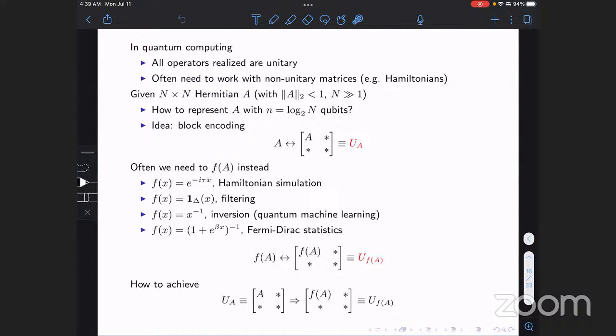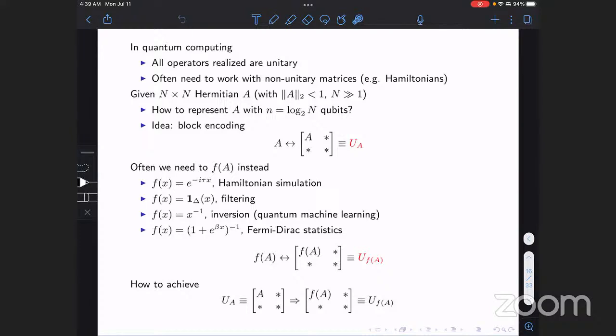And the problem we're trying to consider is the following. In quantum computing, all operators are realized as unitary matrices. This is because we're talking about the Schrodinger equation, we're talking about quantum mechanics. However, in many cases, if we want to apply quantum computers to real applications, we need to work with operators which are non-unitary. The simple example is the Hamiltonian of a quantum system.